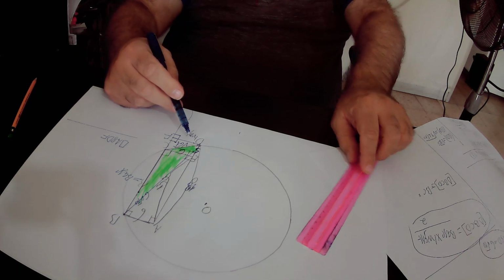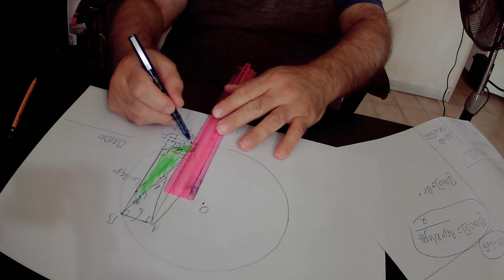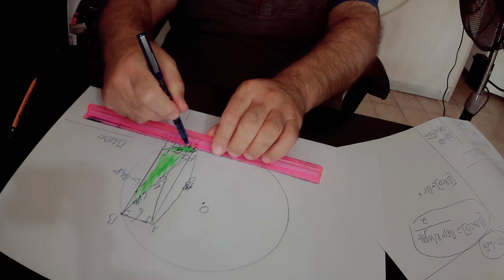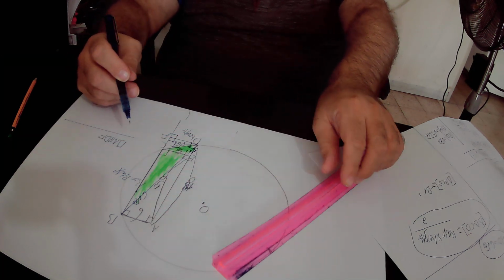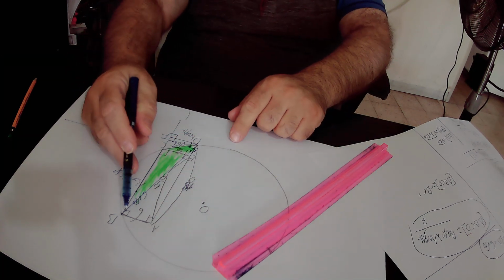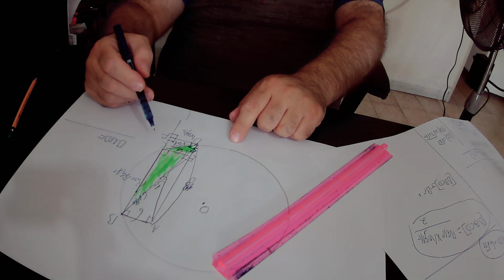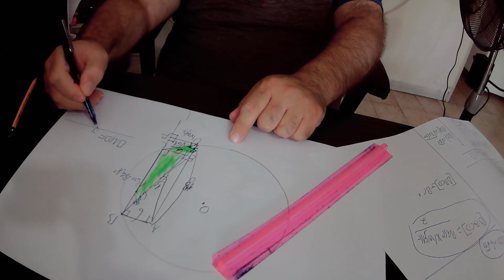Therefore, the fourth angle must also equal 90 degrees, according to the rule that the sum of the angles in any quadrilateral is equal to 360 degrees. And because inside quadrilateral ABDF we have 4 right angles, quadrilateral ABDF is a rectangle.